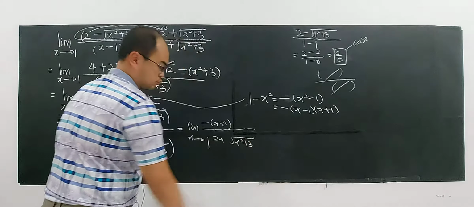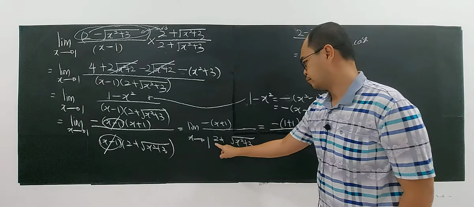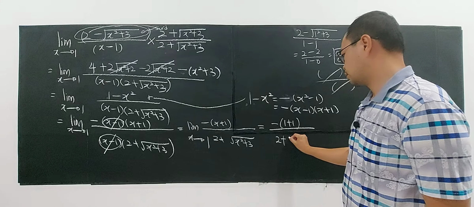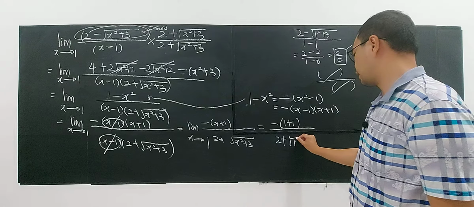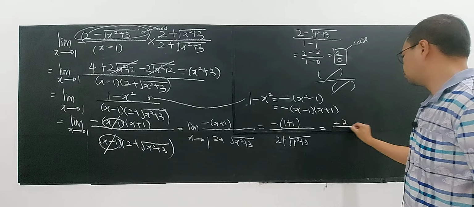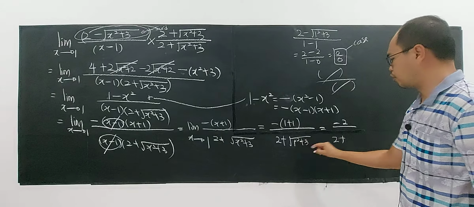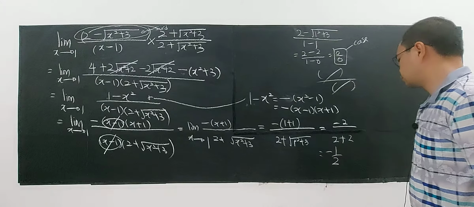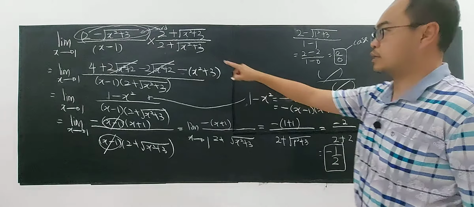Substitute the 1, you have negative 1 plus 1 divided by 2 plus square root of 1 squared plus 3. So which will give you negative 2 over 2 plus square root of 4. You have 2, so you are getting negative 1 over 2. So this is your answer for this limit.